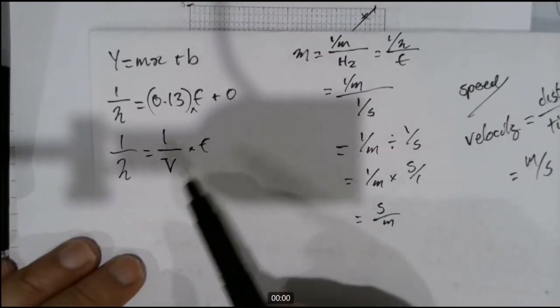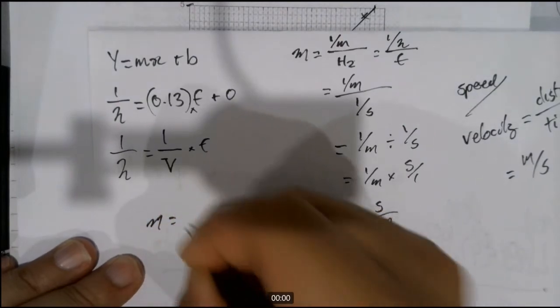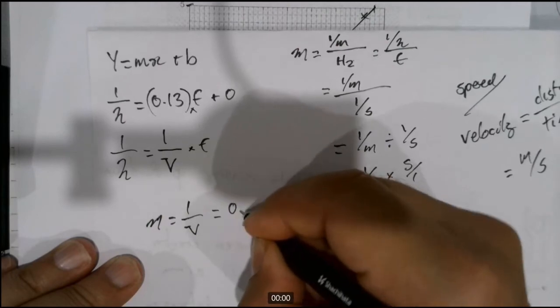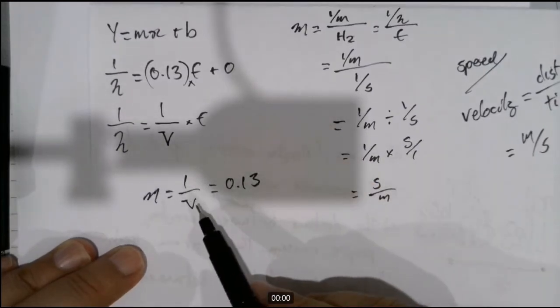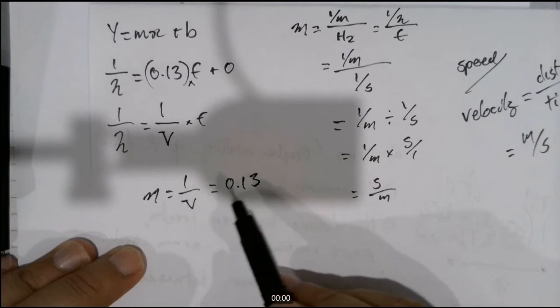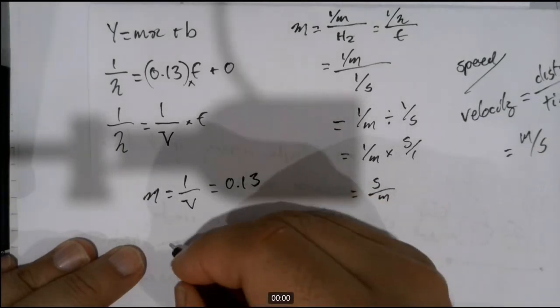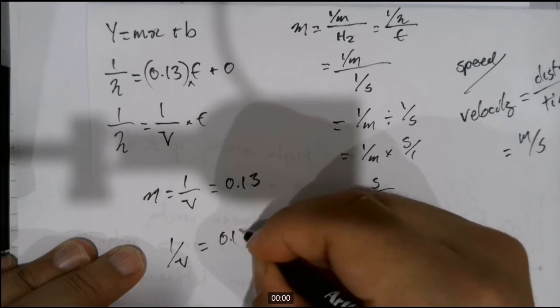So because we have the slope m is equal to 1 over v, which is equal to 0.13, in order for us to get that value of v, we just have to take the inverse of 0.13. So 1 divided by v is equal to 0.13.